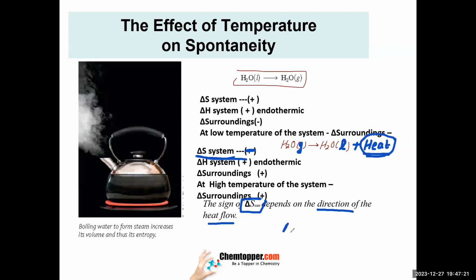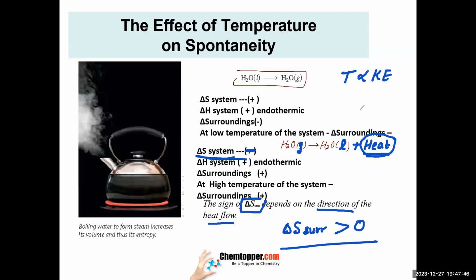So delta S of the surroundings is more than zero, because heat is going there, and temperature is directly proportional to kinetic energy. If heat is going to the surroundings, temperature is going up and kinetic energy is increasing. Children, are you getting it?